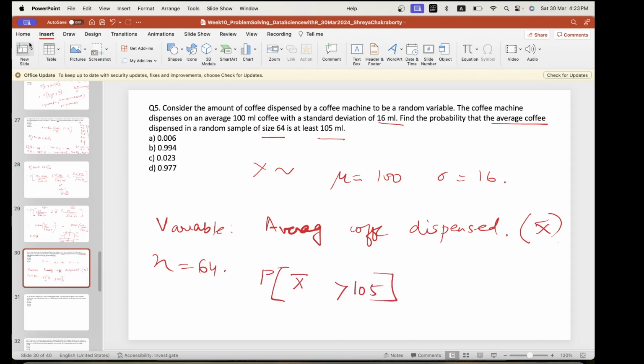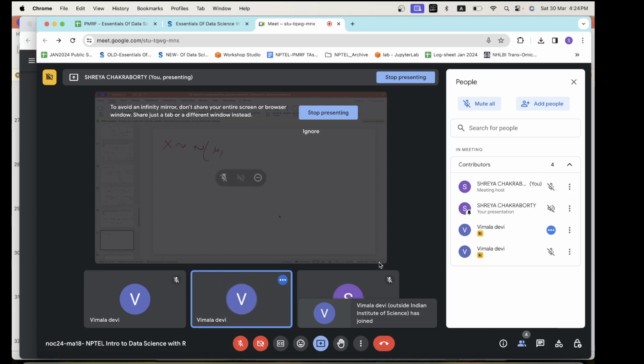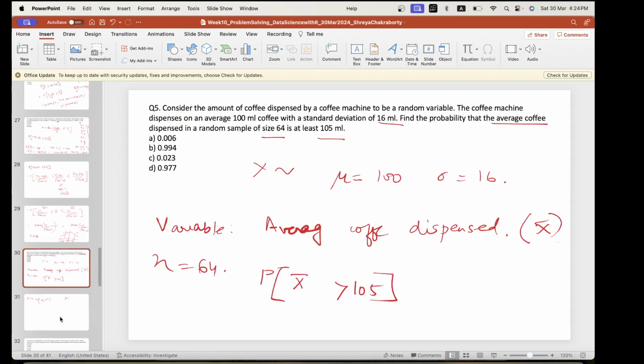Now we'll assume that x follows a normal mu, sigma square. Mu is given by 100.